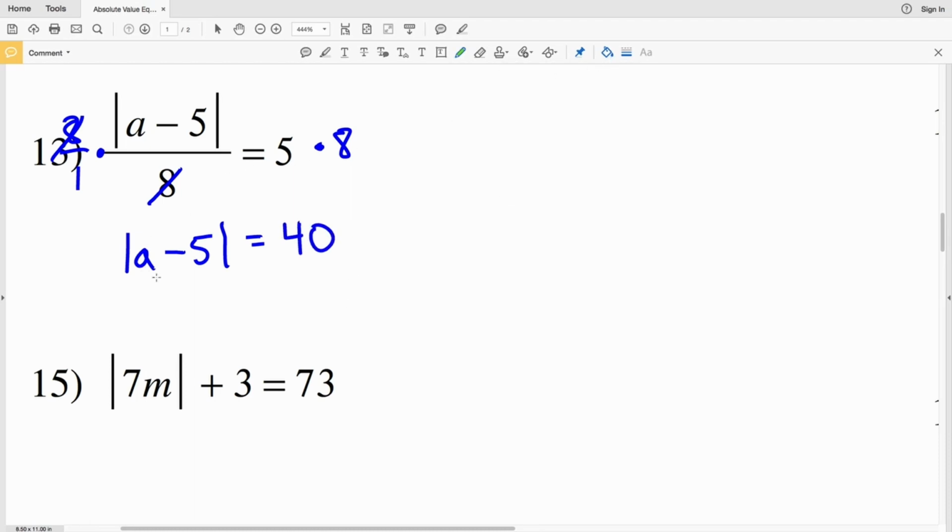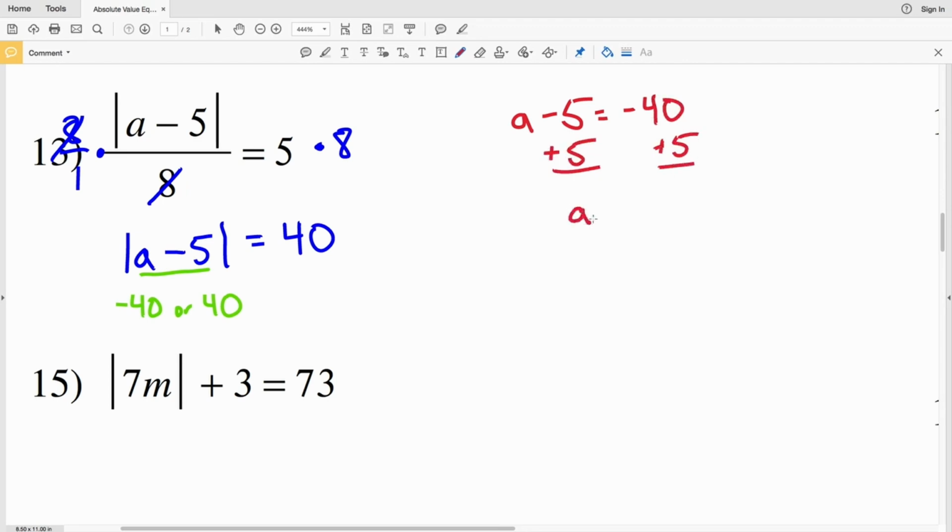Now we know, since the absolute value of a minus 5 equals 40, that this a minus 5 within the absolute value equals negative 40 or it equals a positive 40. When what's inside the absolute value equals negative 40, so a minus 5 equals a negative 40, when we add 5 to both sides, we get that a is equal to a negative 35.